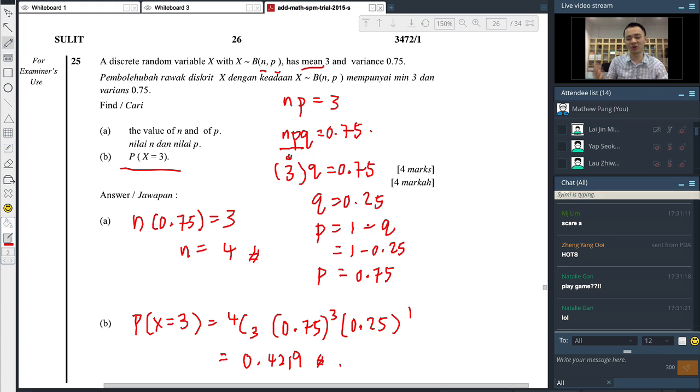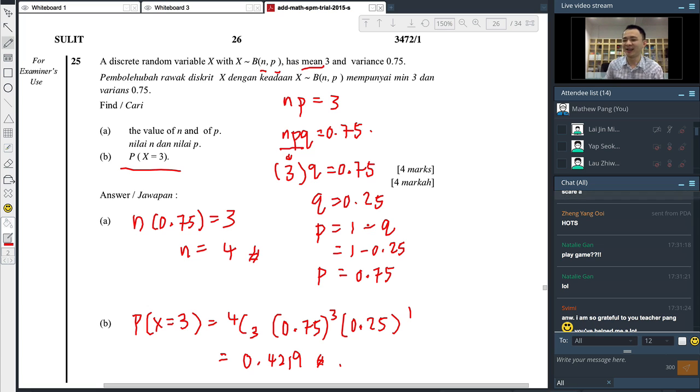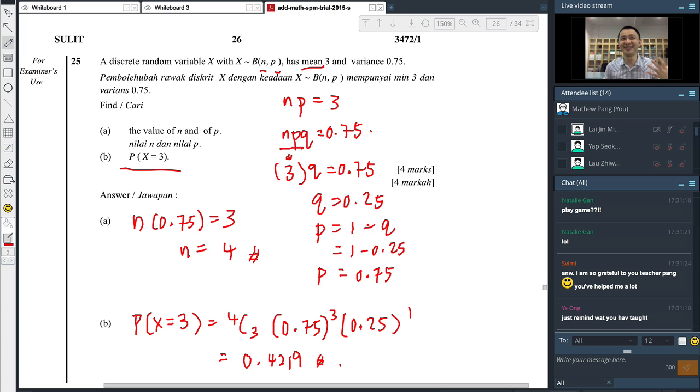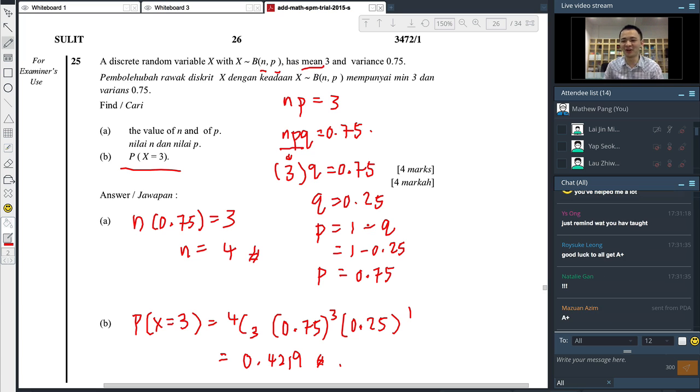Go do those questions you think are easy, and score as many as possible. Because of Malaysia culture, I think it's quite easy to get A's because the A is 60 to 65 maybe, so no need to worry so much. If you did very badly in your trial exam, you might still get A in your final exam. But do as many as possible. If you want to get A++, you have to make sure you do well in all the topics. If not, I don't think you can get so many plus.